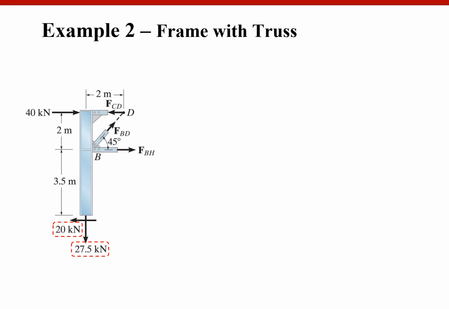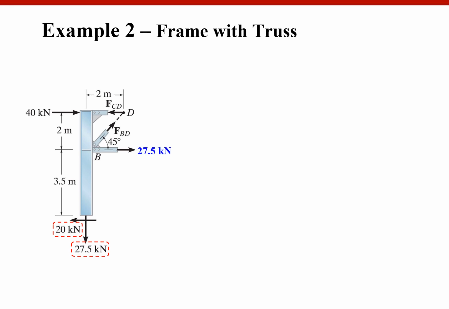After finding out column shear, which is 20 kN, and the column force 27.5, then you will see that you are going to have 1, 2, 3 unknowns. And I'm going to leave the task of finding these 3 unknowns using 3 force equilibrium equations to you.